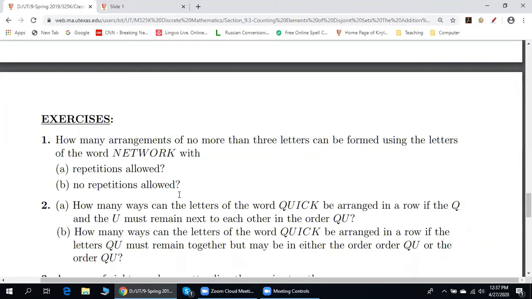No more than 3 letters means 1 letter, 2 letters, 3 letters. So if we have one letter word, since all letters are different here, and the total number of letters is 7, the number of one letter words will be 7, correct?